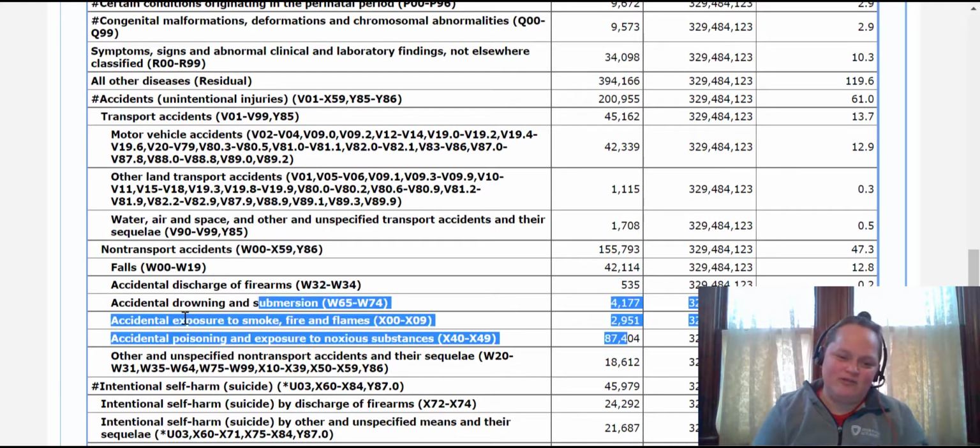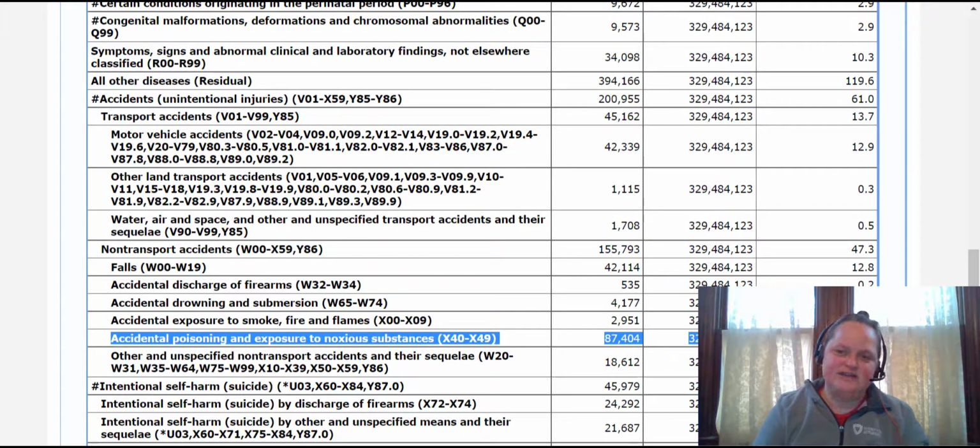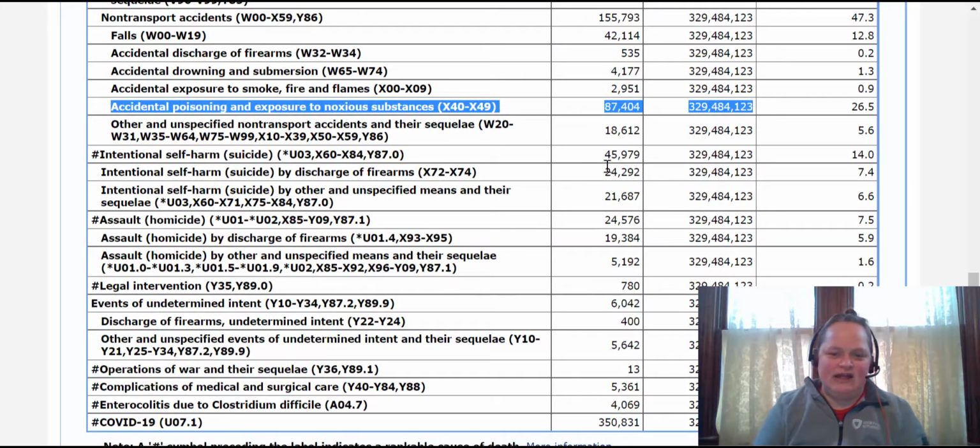Okay, so this is where drug overdoses go. Accidental poisoning and exposure to noxious substances. It's not obvious. If you were looking for drug overdoses, you probably wouldn't think of looking here, but this is where it is. Accidental poisoning and exposure to noxious substances. Here is suicide.